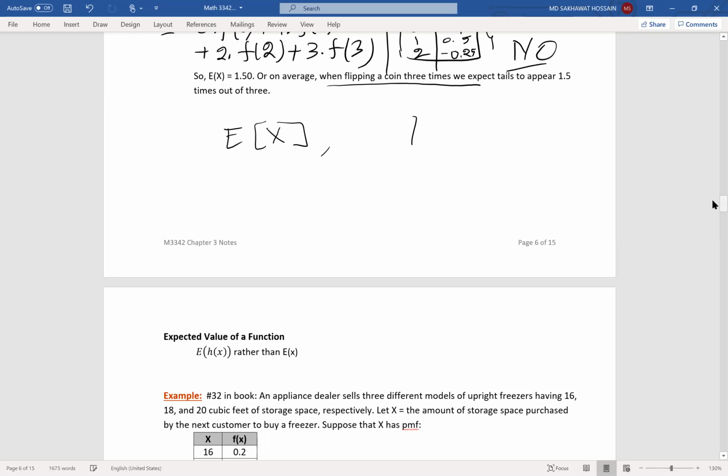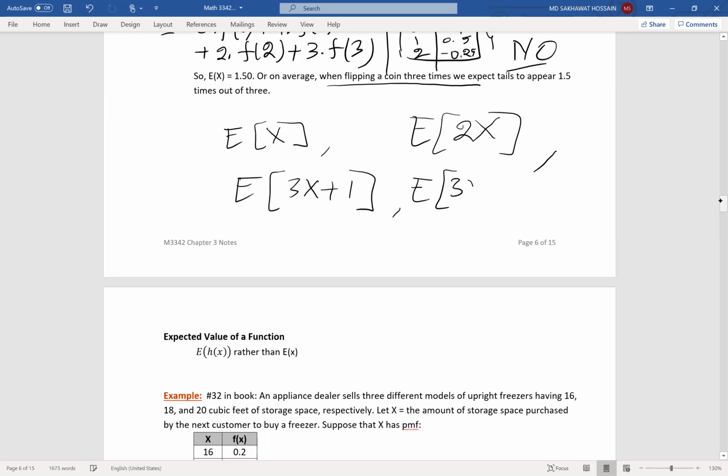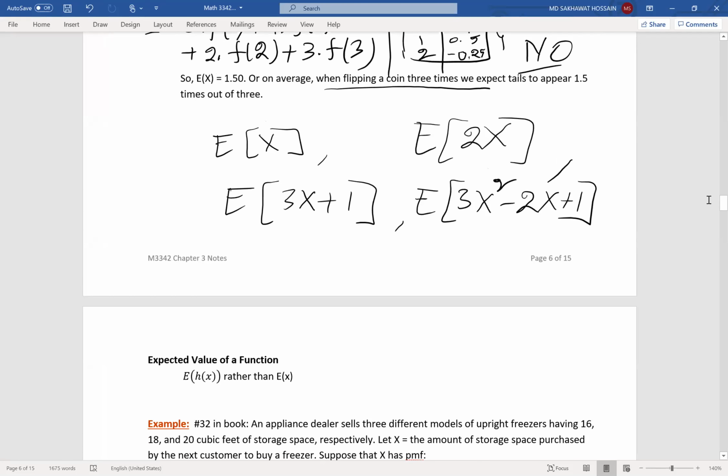For example, if you want to find the expected value of 2 times x, which is a function of x, you can also find the expected value of 3x plus 1, or the expected value of 3x squared minus 2x plus 1. Sometimes it is really important to find the expected value of a function of x instead of just the expected value of x. That's why we need to know how to find it.